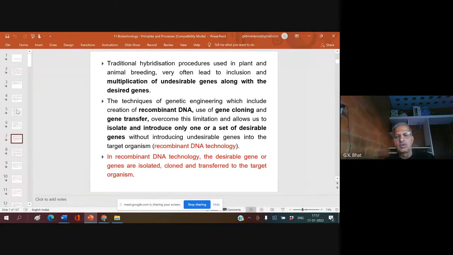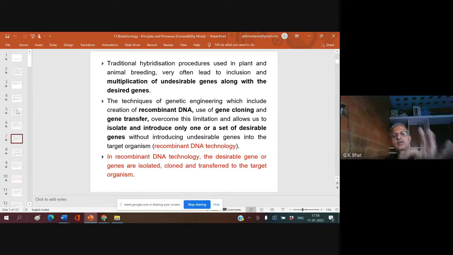This is known as recombinant DNA technology. In recombinant DNA technology, the desirable gene or genes are isolated, cloned, and transferred to the target organism. So if you are asked, what is recombinant DNA technology? The answer is, it is the process in which the desirable gene or genes are isolated, cloned, and transferred to the target organism.